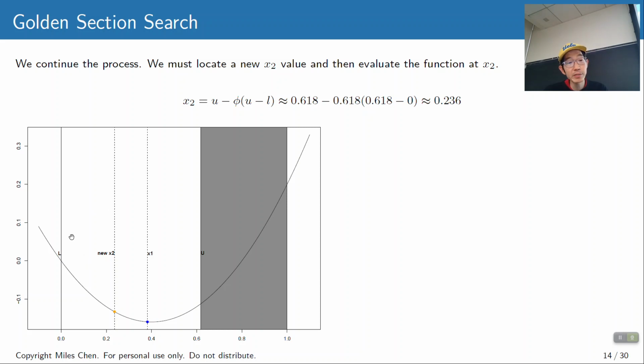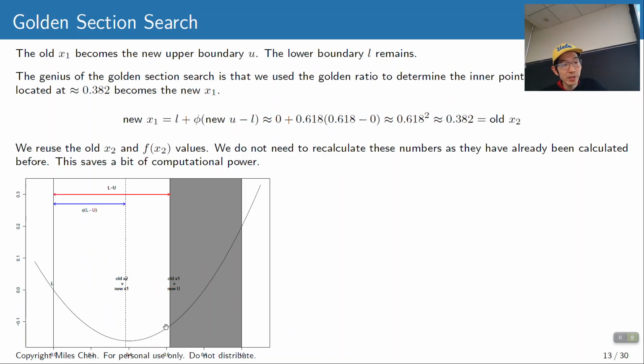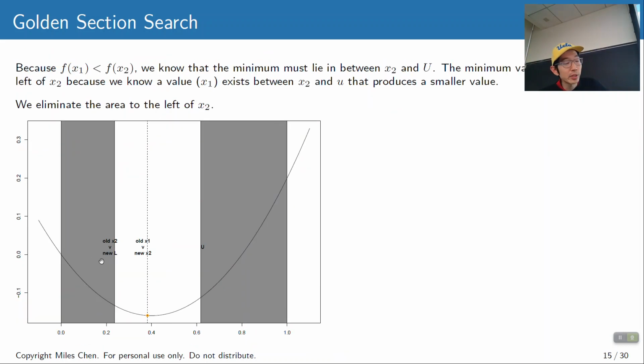We're going to eliminate everything to the left of x2, because we know there's at least one value that's lower over here. So let's keep searching on this side. So we're going to throw away everything over here. Okay. And again, because of the golden ratio, this value over here is going to be 0.618 of the way from here to here.